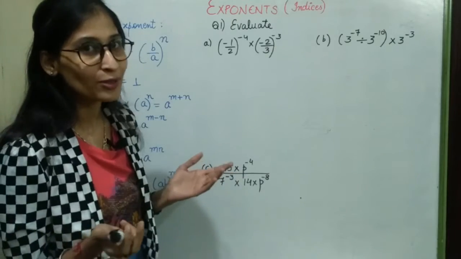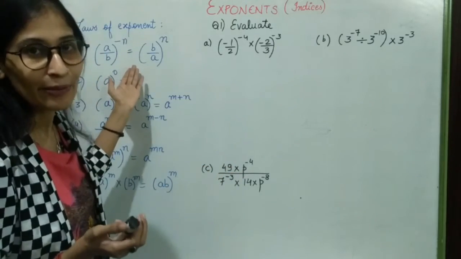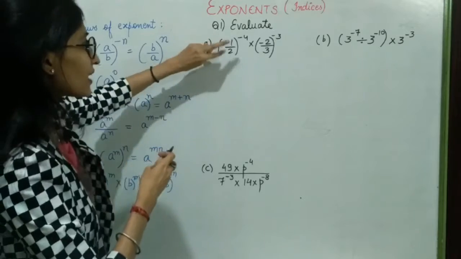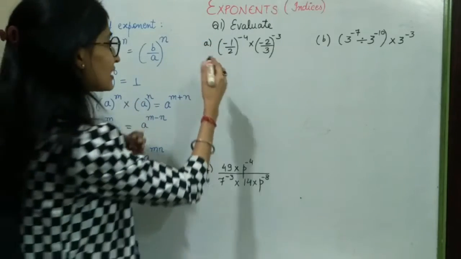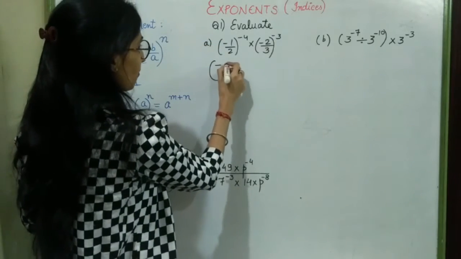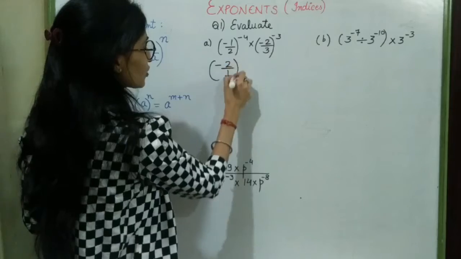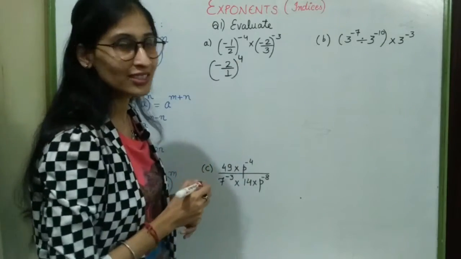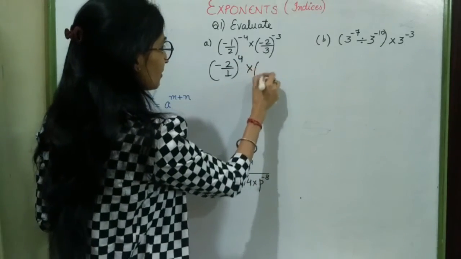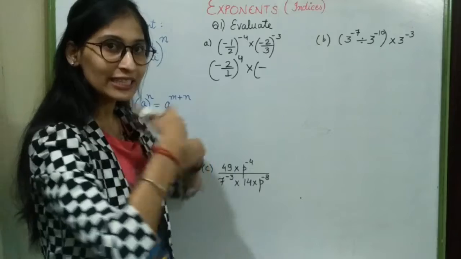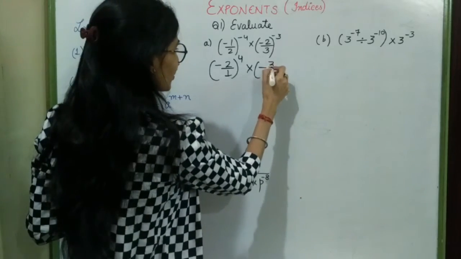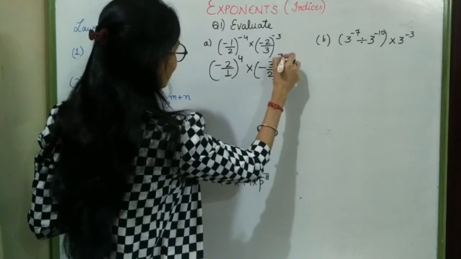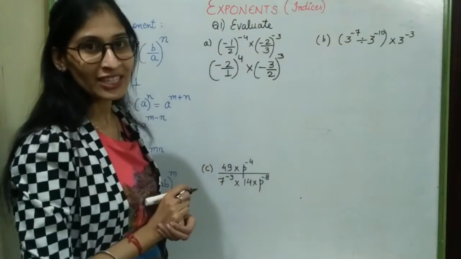And how am I going to do this? Using my Ulta Pulta law. Minus 1 upon 2, reverse it, it will become minus 2 upon 1 raised to power 4, multiplied by minus 2 upon 3, Ulta Pulta will be 3 upon 2 raised to power 3.